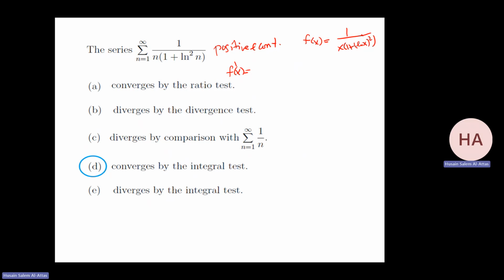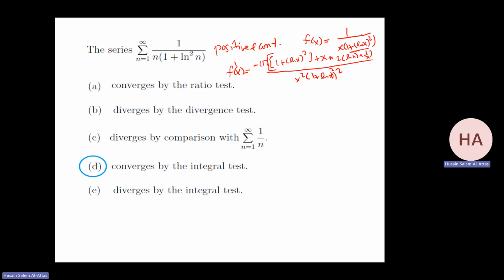The derivative of 1 is 0, so I need just minus 1 times the derivative of the denominator, which is 1 plus ln x all squared plus x times the derivative of this, which is 2 ln x times 1 over x, all over x squared times (1 plus ln x all squared) squared.